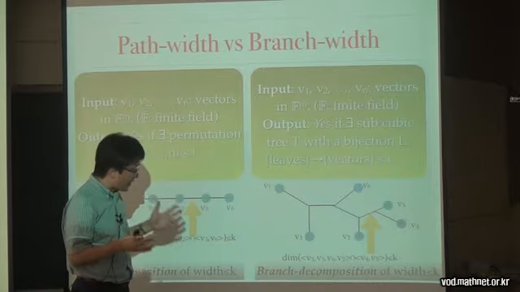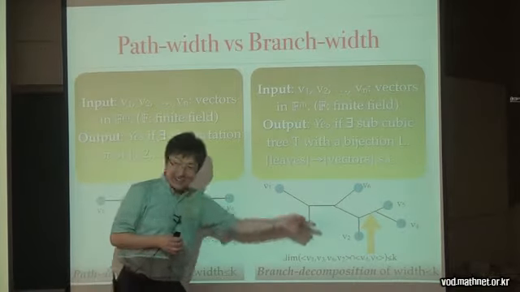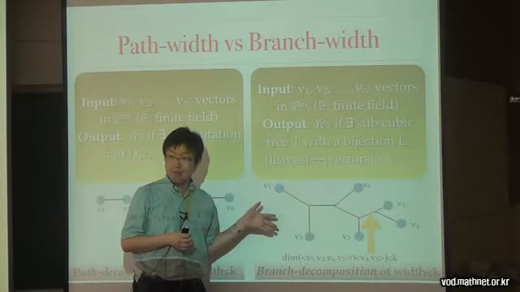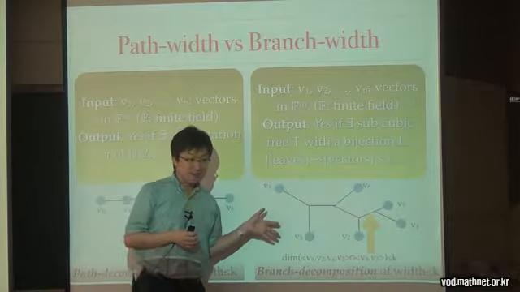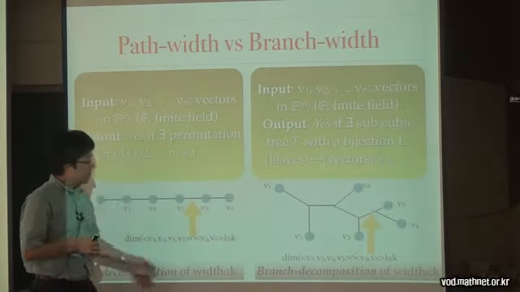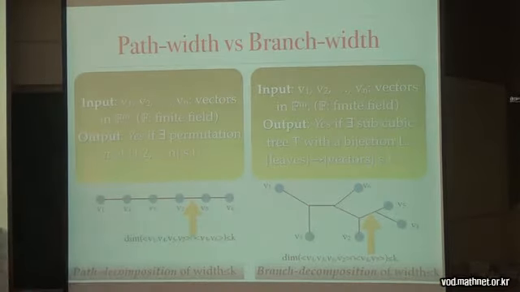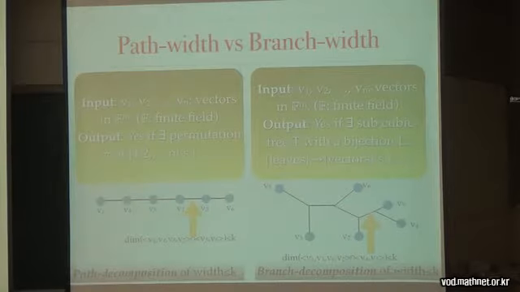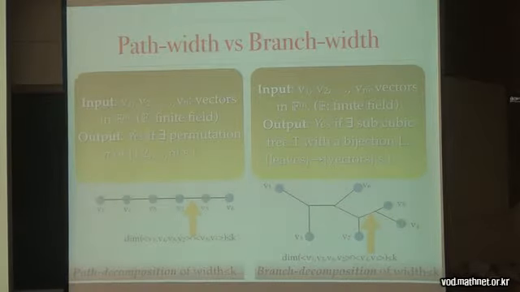The minimum k such that such a tree exists is called the branch width of a matroid. Right? So now you have a path, but now there's a tree. So why do we care about branch width? Well, somehow algorithmically, branch width is easier to handle.